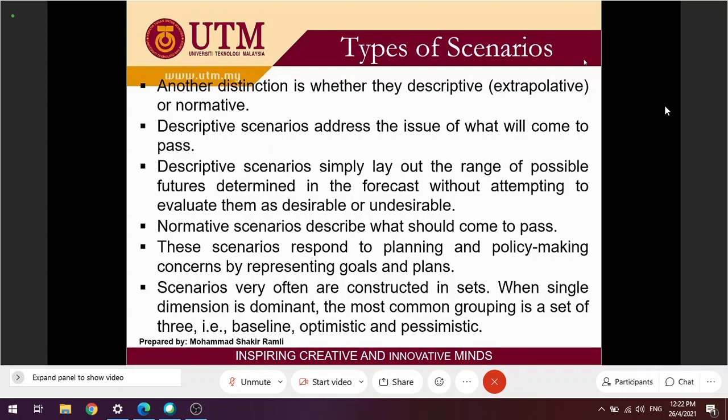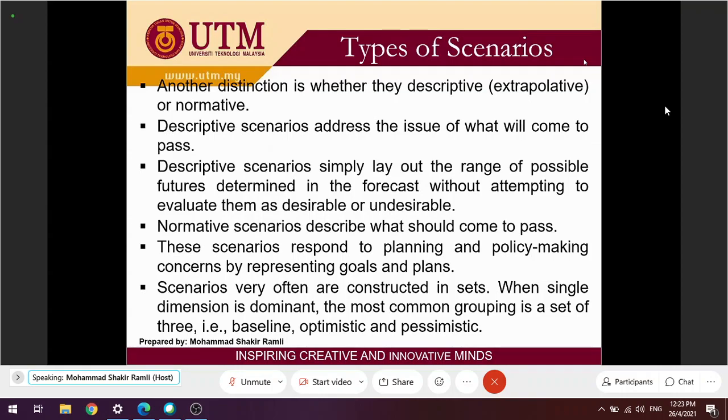So in this kind of scenario, they will have three sets of scenario construction: baseline, optimistic, and pessimistic scenario. Forecast the change in material technology, for example, for our product technology, we want to change one of the sub-technologies of the material.